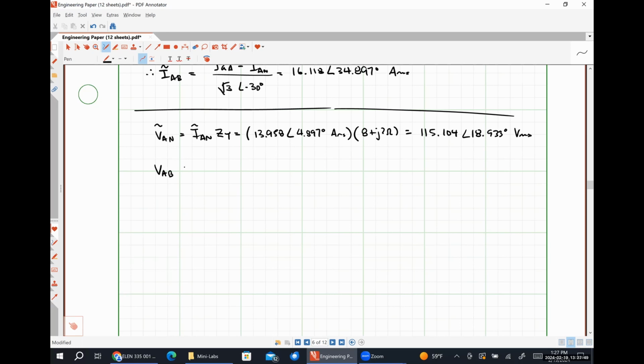The voltage VAB should just be VAN times √3 angle 30 degrees.